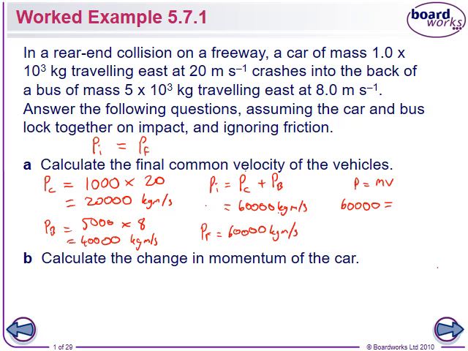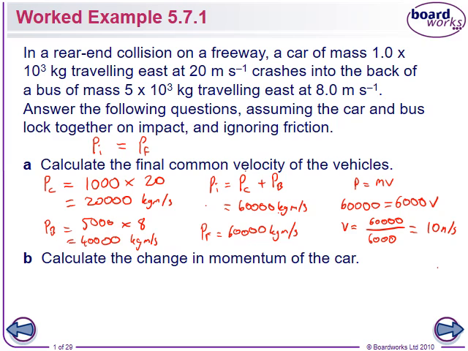So 60,000 equals 6,000 V. It just seems to work out beautifully. Okay, so we have a momentum, we have a mass, we can rearrange this, and we get V is going to be equal to 60,000 divided by 6,000, which is going to be 10 meters per second.